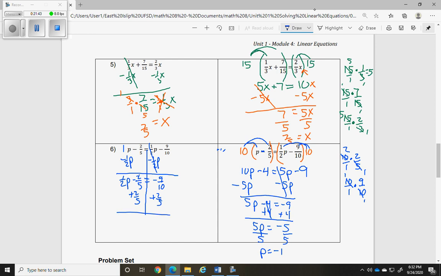But when I'm adding with fractions, I need a common denominator. So I'm going to make these 10. So that one has to stay what it was. And this one times by 2 times by 2, this is a 4. So -9/10 and 4/10 is -5/10. And over here I have 1/2 p.